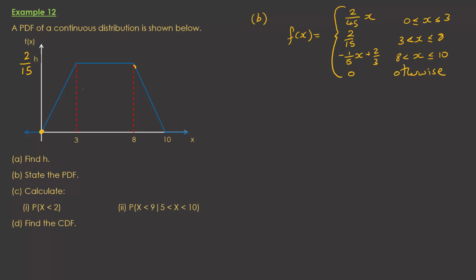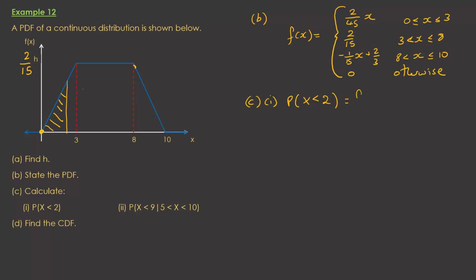So we want to calculate now in part C probability x is less than 2. Well, that actually only involves the first section. It's a triangle, and we could do it as such, or since we have the function we could do the integral.